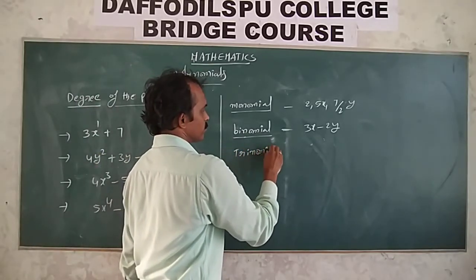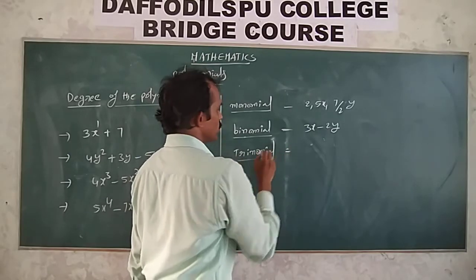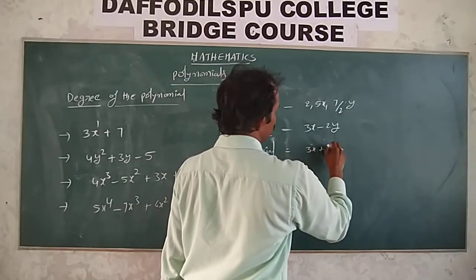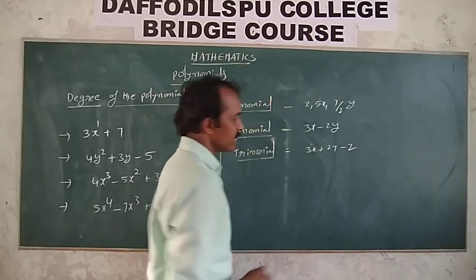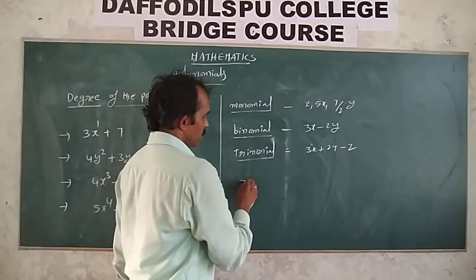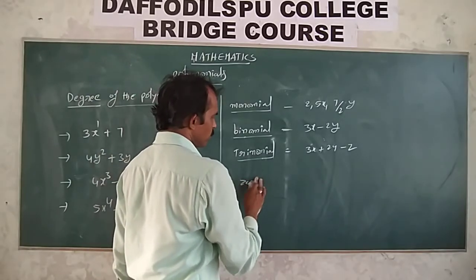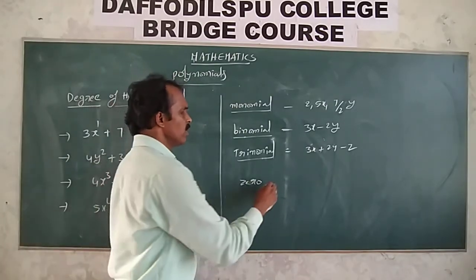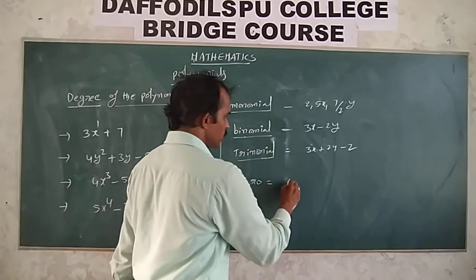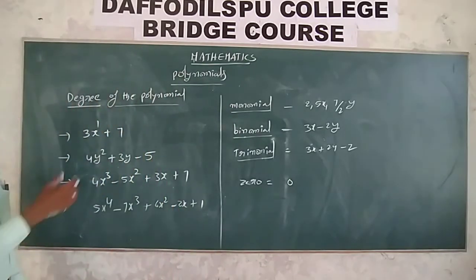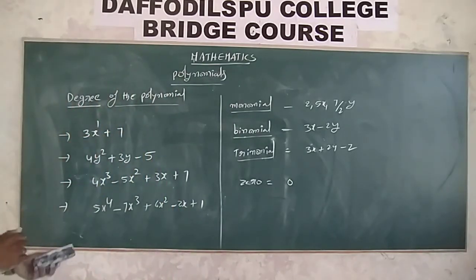Trinomial means, for example, 3x plus 2y minus z. Three terms. This is called a trinomial. Okay. Next, zero polynomial. A zero polynomial, a constant polynomial, means only a constant, and it also represents zero. That is nothing but a zero polynomial. So this is the degree of the polynomial, monomial, binomial, and trinomial.